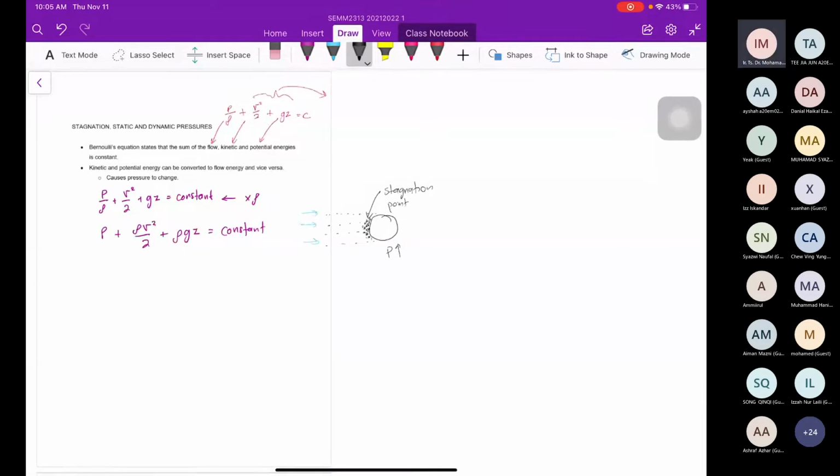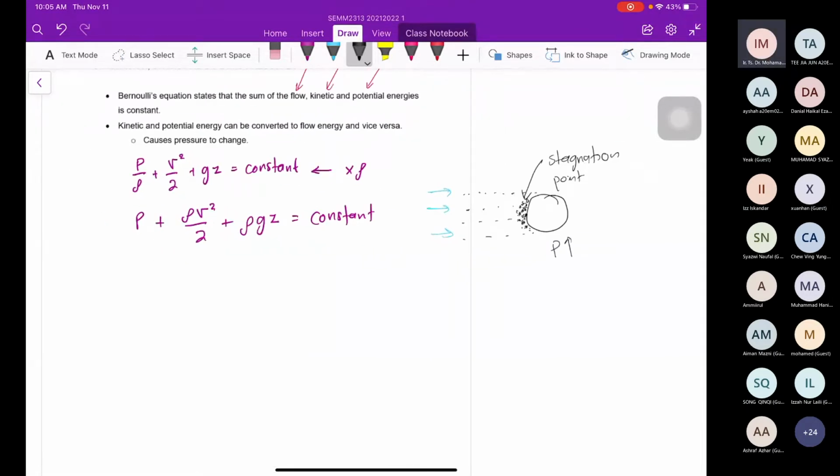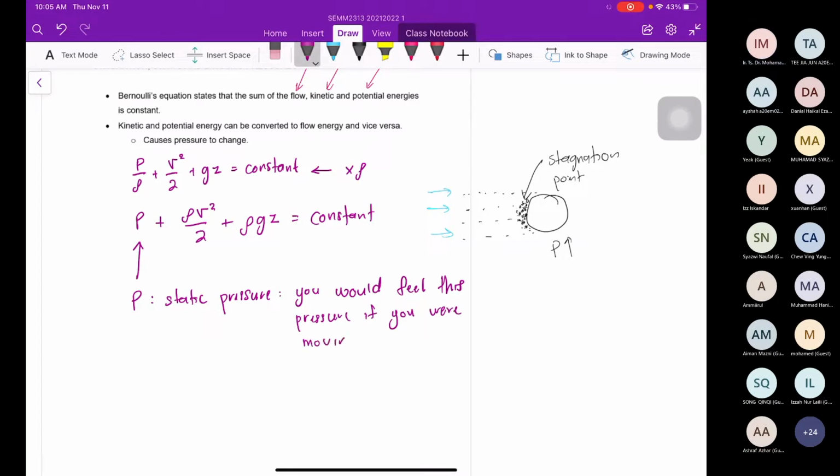All right, the P here we call the static pressure. You will feel this pressure if you were moving along with the flow. That means you are moving together with the flow, and you feel the static pressure. It's quite simple.